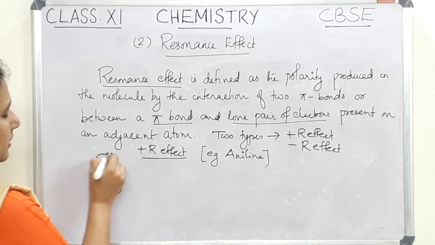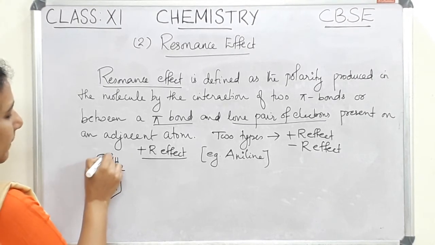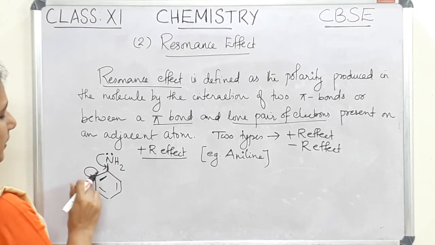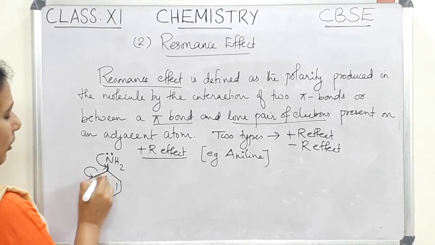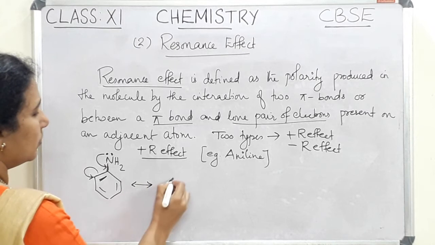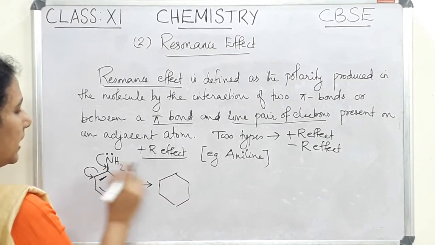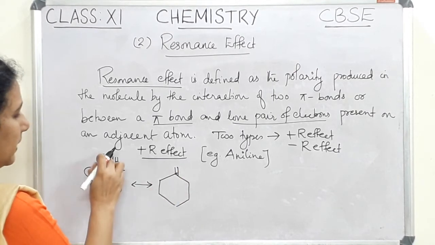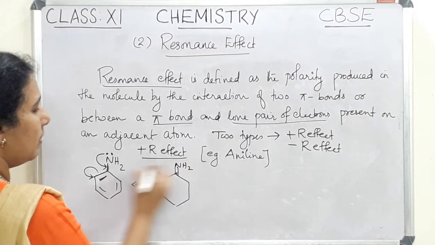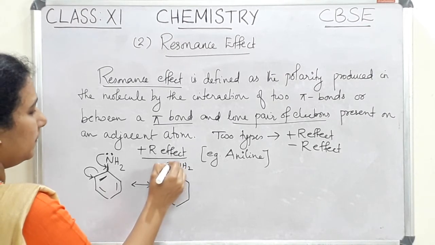So the resonance structure can be drawn by shifting of this lone pair to this position, and these electrons will be shifted to this position, or this bond pair is shifted to here, forming a lone pair. So the first structure can be drawn like this. In this case there is a double bond, that means the pair of electrons are shifted towards here, and there is NH2 and its electrons are shifted from nitrogen.